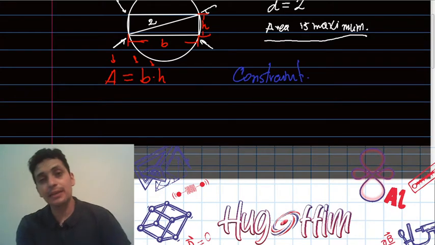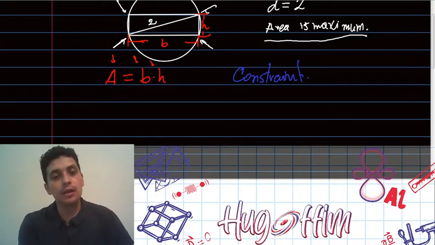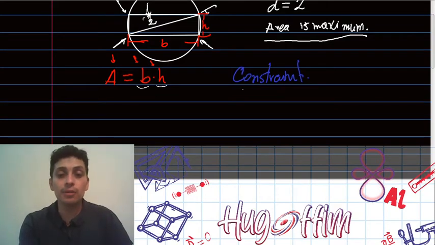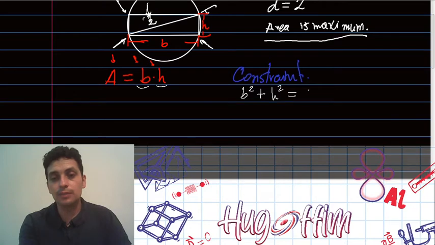In this case, we need a constraint between height and base, and we can do it using the fact that the circle has diameter 2. Using the Pythagorean theorem, b squared plus h squared equals the diameter squared, or 2 squared, which is 4.